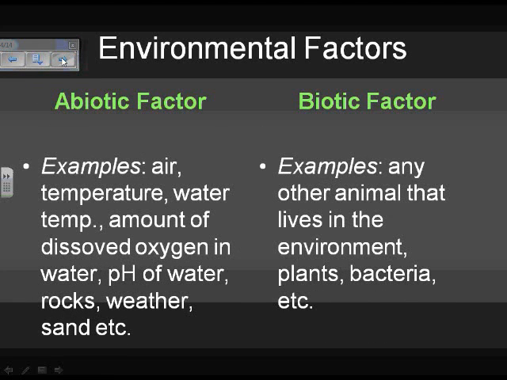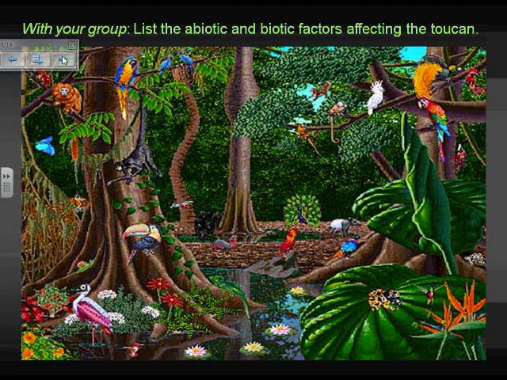So like I said, examples, air, water. You can also think of temperature, right? Or water temperature specifically, pH of water. You can get really descriptive when you talk about the abiotic factors. Biotic factors, we're going to be talking about animals, plants, bacteria, fungus, etc. All of those living factors.